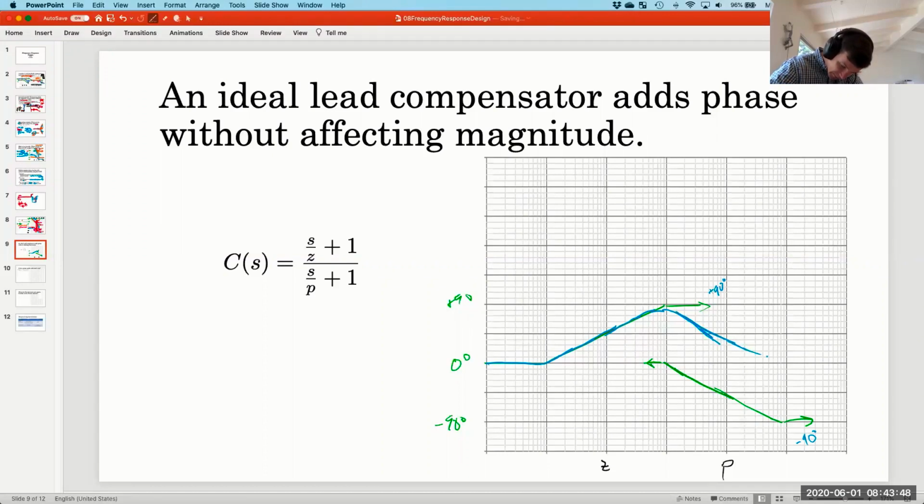There we go. If I add those two at high frequencies, then the limit of this phase plot is going to be 0 degrees. Okay, so this is the characteristic of an ideal phase lead compensator, right? It's adding, this is what's called the phase boost.